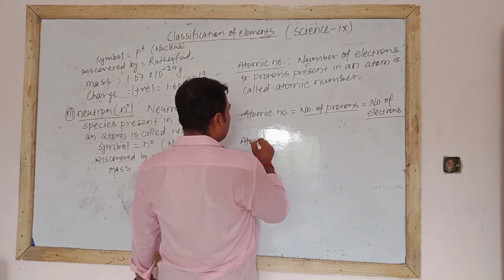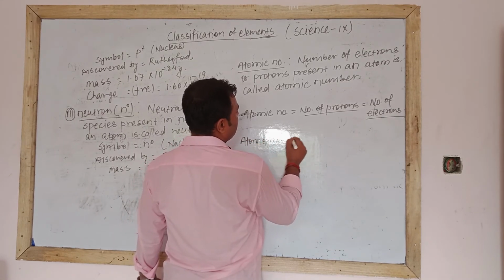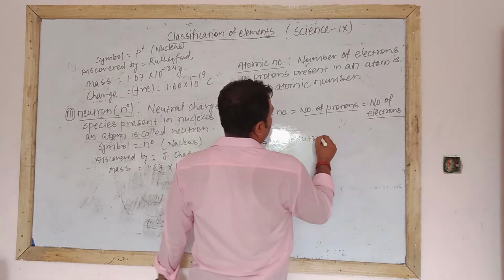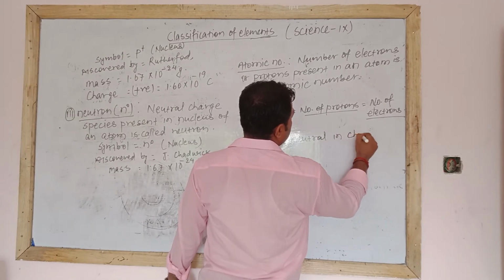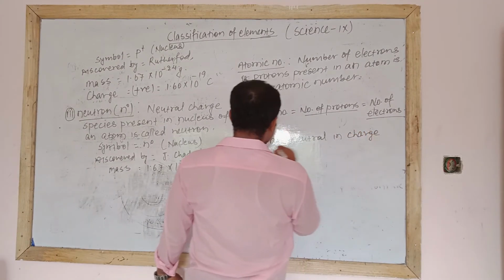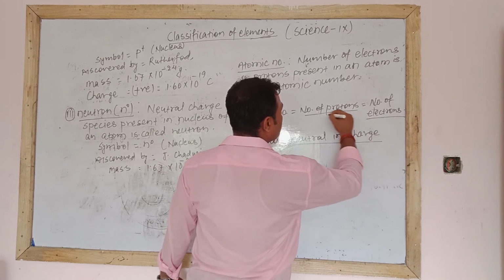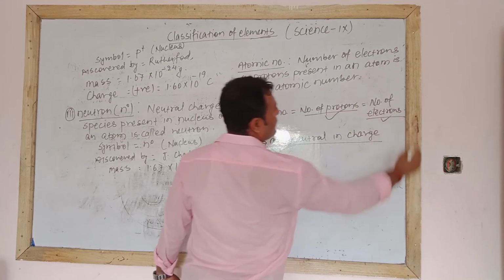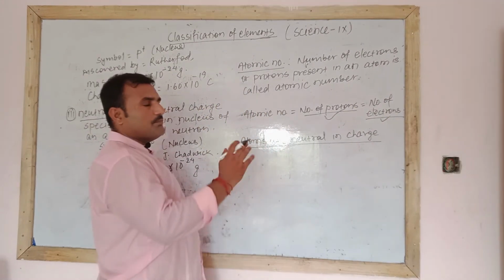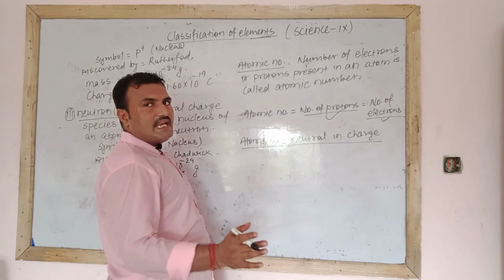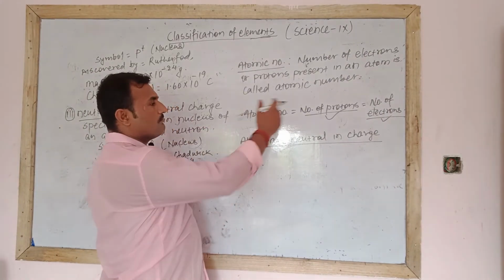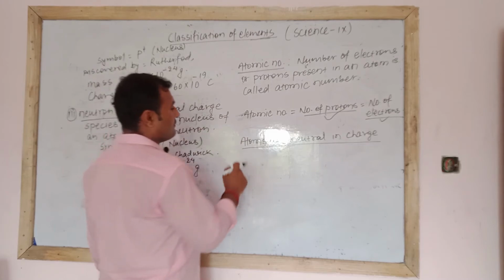Therefore atoms are neutral in charge. Why are atoms neutral in charge? Because the number of electrons is equal to the number of protons.